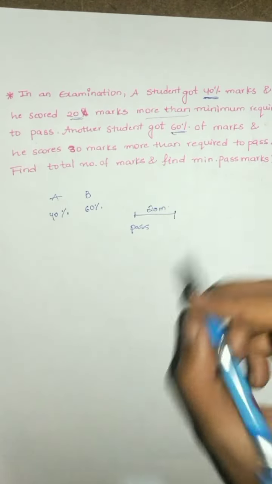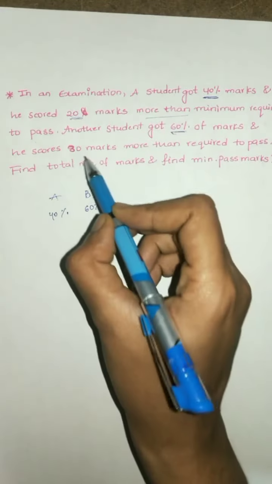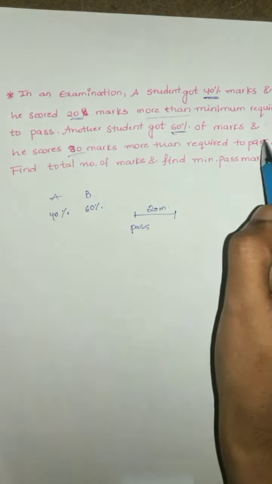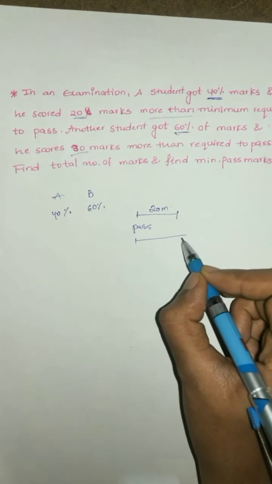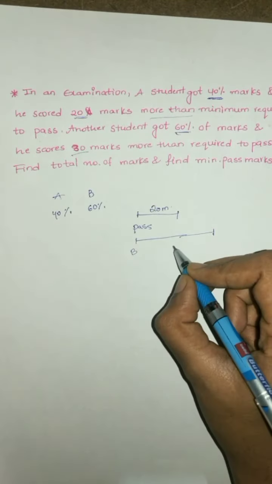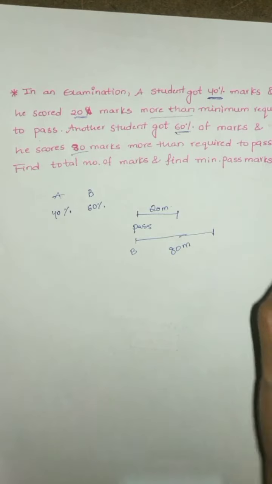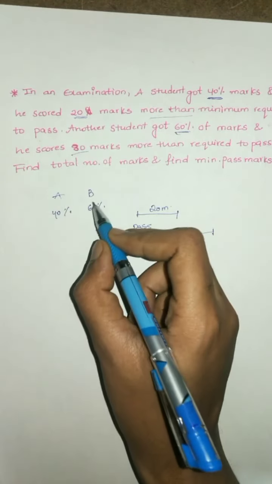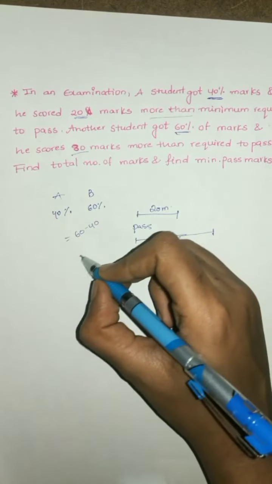But when it comes to marks, student B scored 80 marks more than required to pass. So the difference between these two percentages is 60 minus 40, that is 20%.